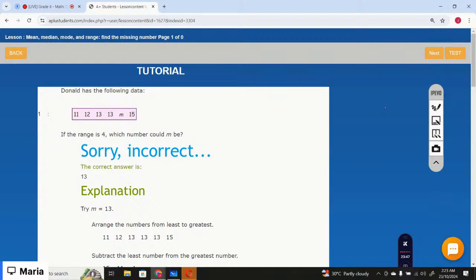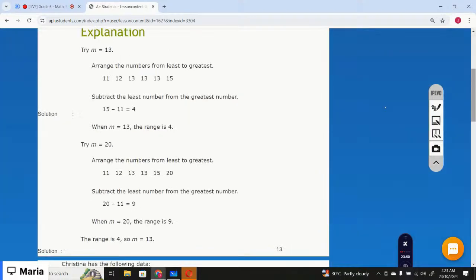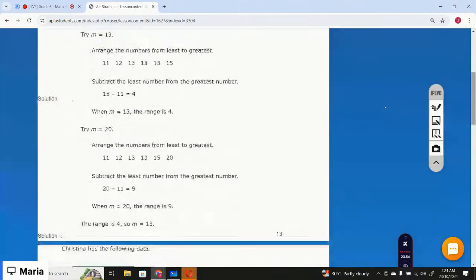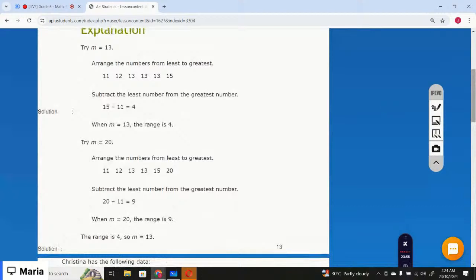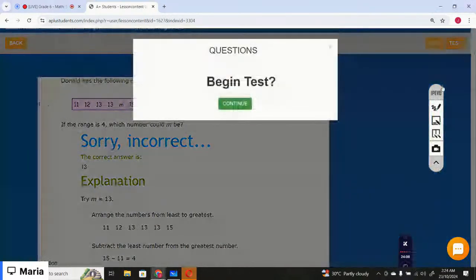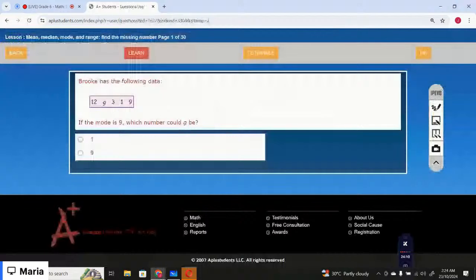The range is the difference between the greatest and the smallest value, right? So you need to find the M. You can have a look at the tutorial by yourself later today. Let's just start with the test questions.